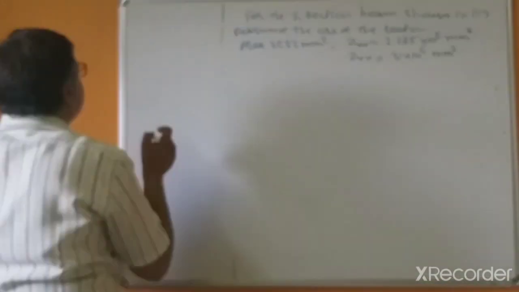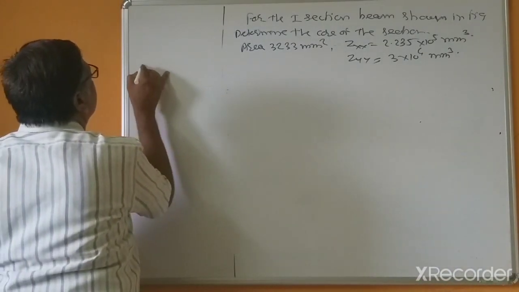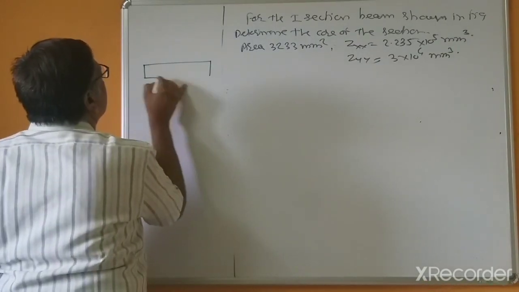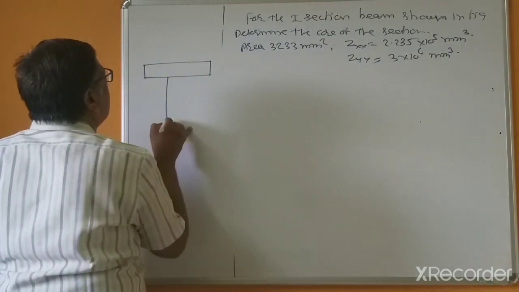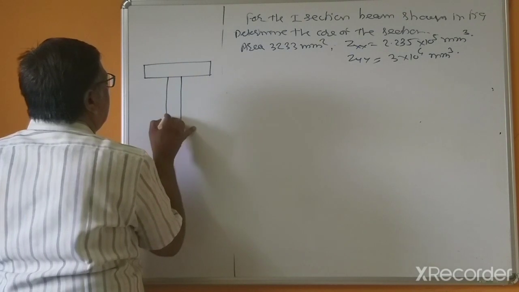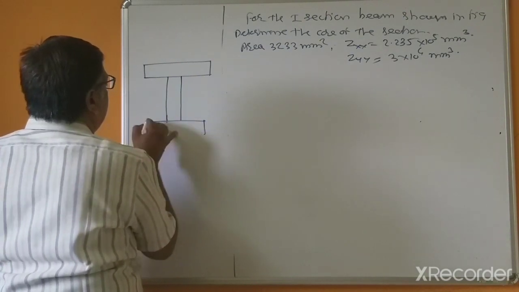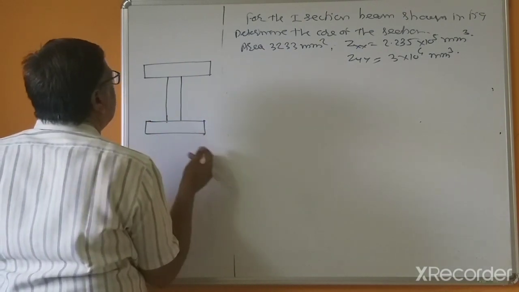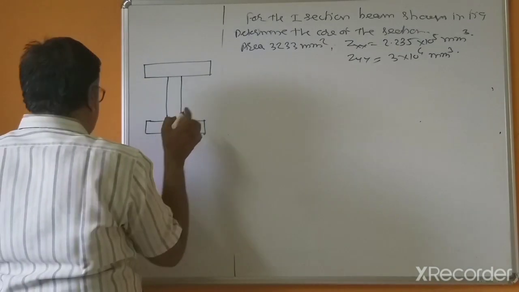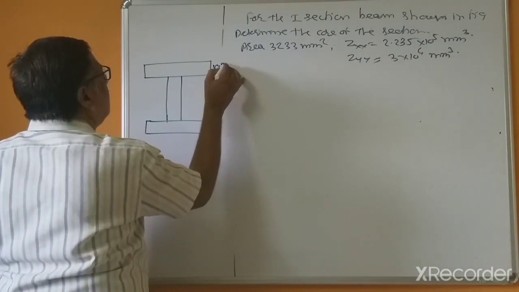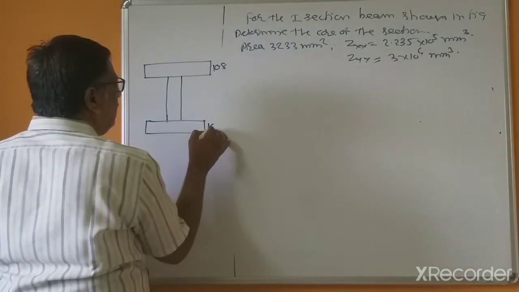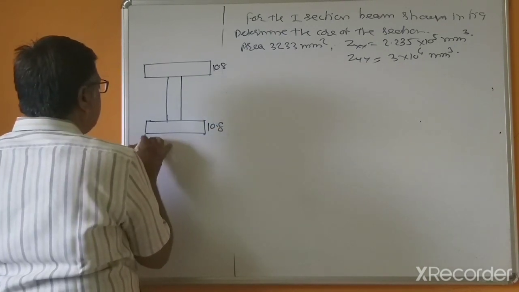Section given as I section. 10.8. This is 100.